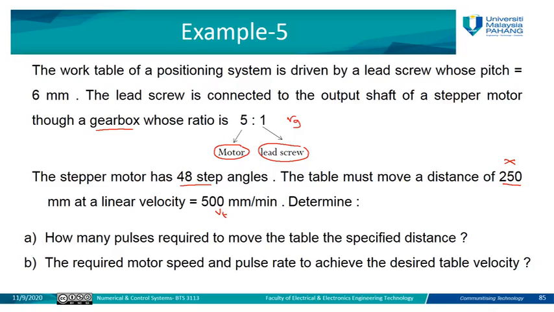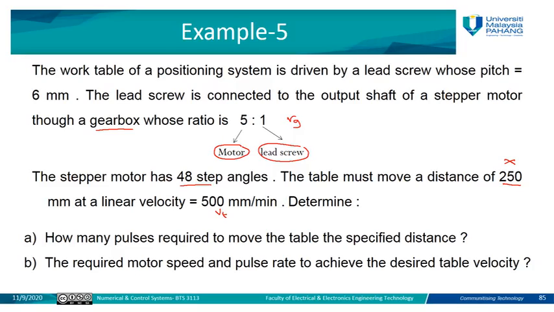The second is, what are the required motor speed and pulse rate to achieve the desired table velocity? We have a desired velocity for the table that we want to achieve.